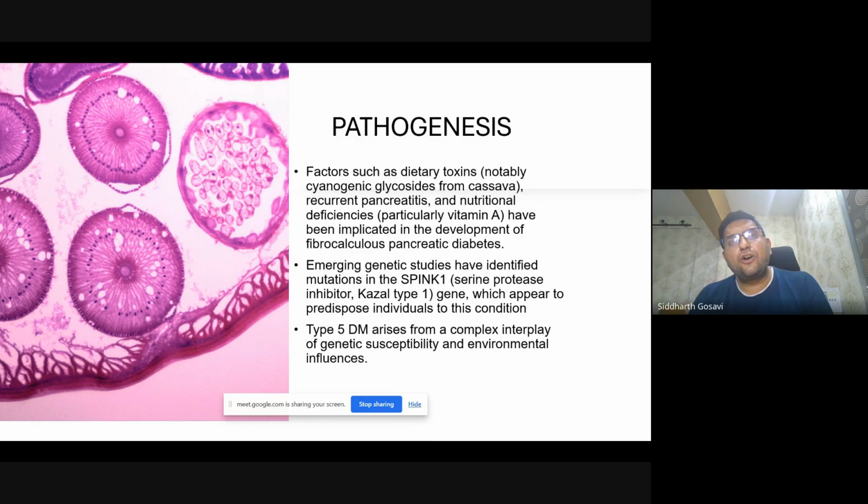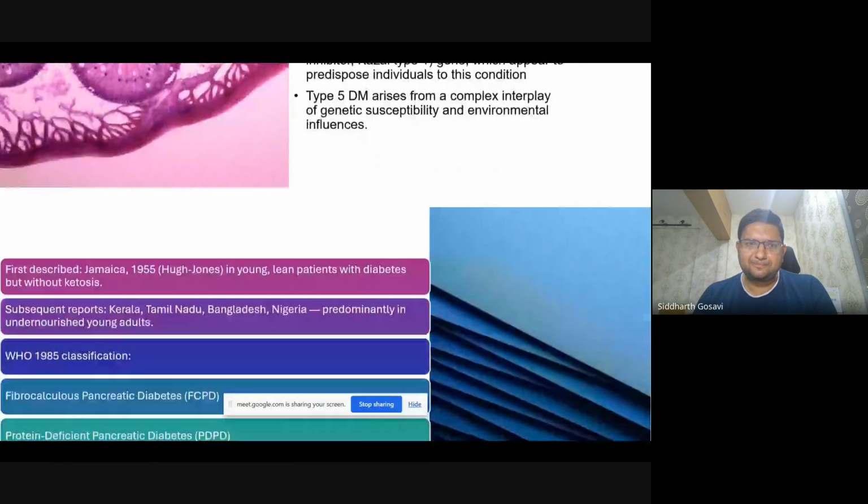And there's a lot of protein related malnutrition which is involved in this type 5 diabetes. Emerging genetic studies have also identified a genetic mutation in the SPINK1, that is serine protease inhibitor Kazal type 1 gene, which appears to predispose individuals to this condition. So there's a complex interplay of both genetic factors as well as environmental factors.